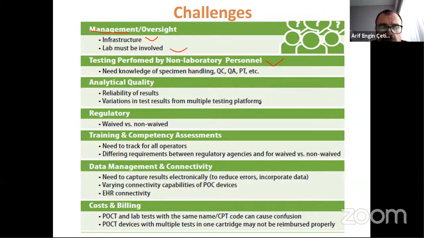So your test result is either interpreted by you or directly coming from the POCT level. Compared to the classical methods, they have less precision and reliability.